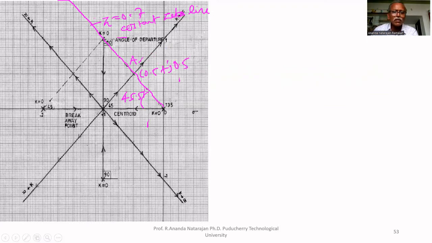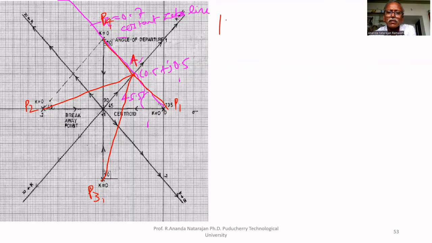From there, we have to draw lines from point A to all poles: this pole, this pole, this pole, and this pole. Let them be P1, P2, P3 and P4.